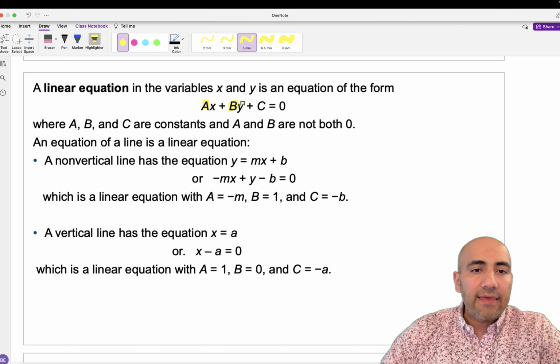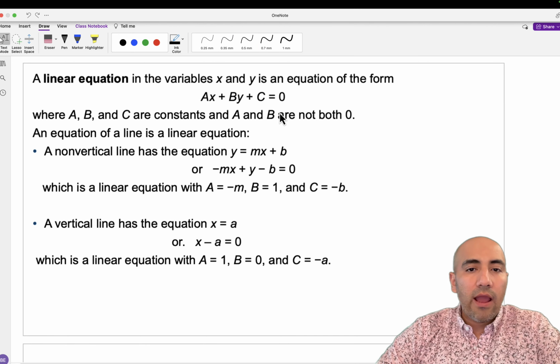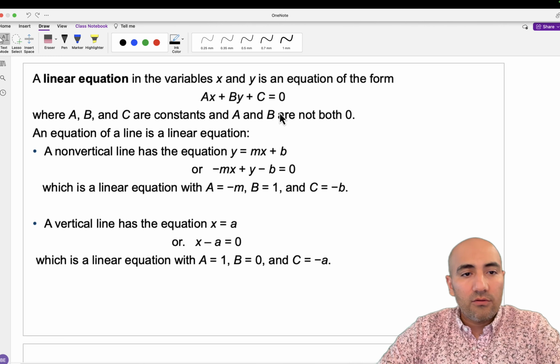So a, b, and c represent any constants. Really, it's just x and y that represent our variables, where x is usually the independent variable and y usually represents the dependent variable.